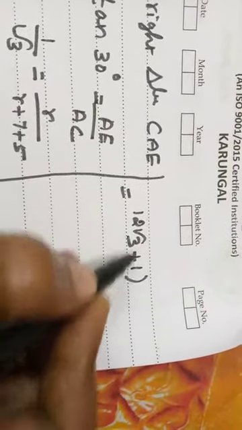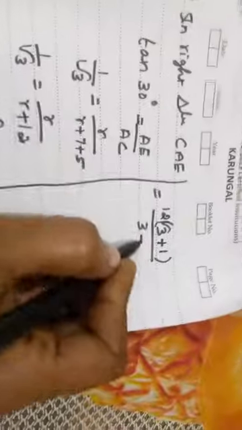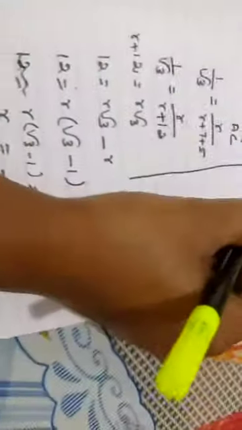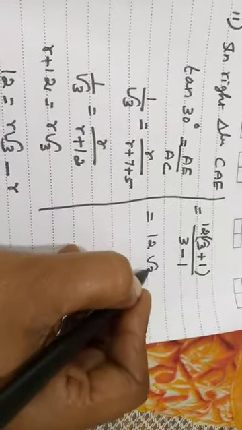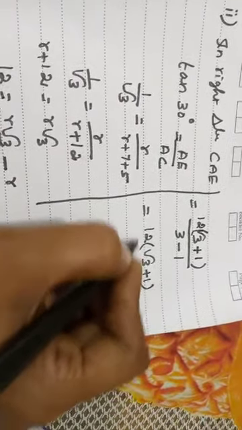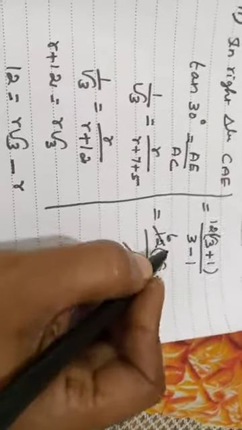Okay, denominator let us simplify. Root 3 the whole square, the square and square root cancel, so 3 minus 1 square is 1, which gives 12 into root 3 plus 1 by 3 minus 1, which is 2. It can be cancelled, 2 ones are 2, 6 twos are 12.